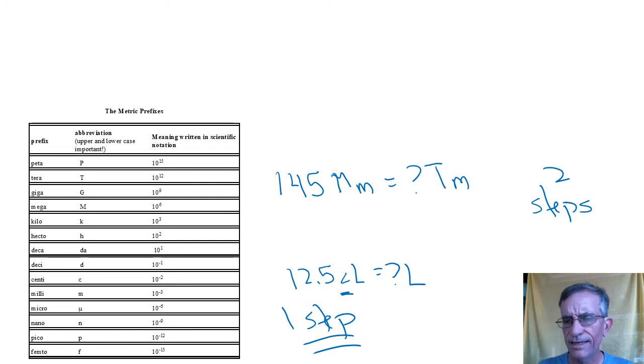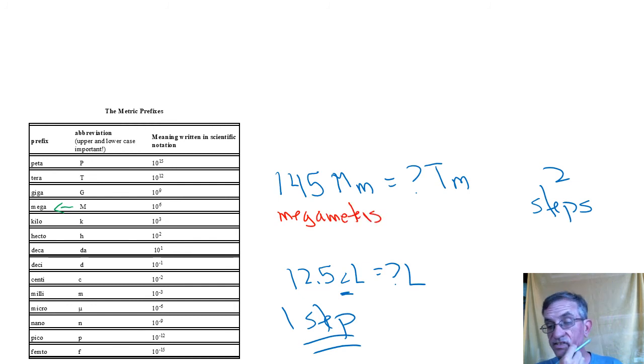Okay, well, capital M little m, what the heck is that? The first letter is your prefix. Capital M is mega. So we are going to try to go from megameters. And then on the other side, it says capital T little m. The capital T is your prefix. We're going to try to go to terameters.